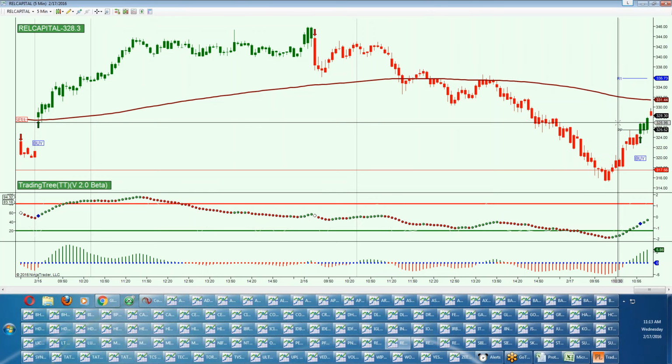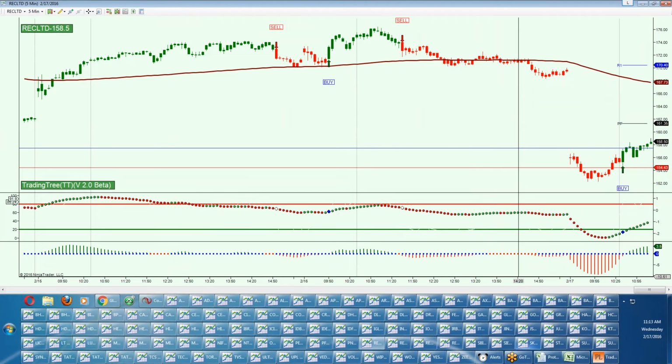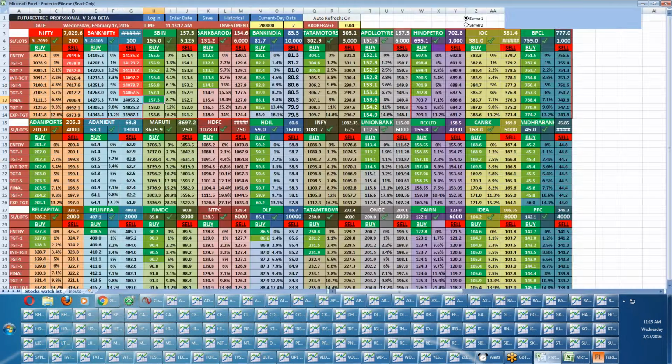REL Cap, that is your entry. REC, we already have a buy call. So it has already done its final target. We can still hold on to it.